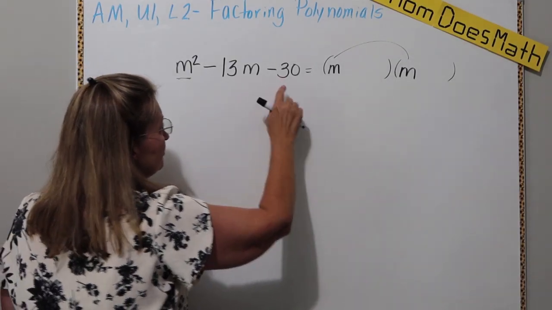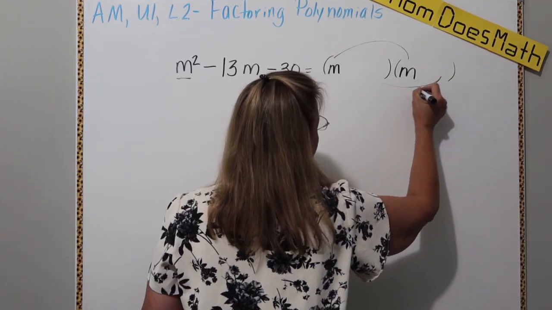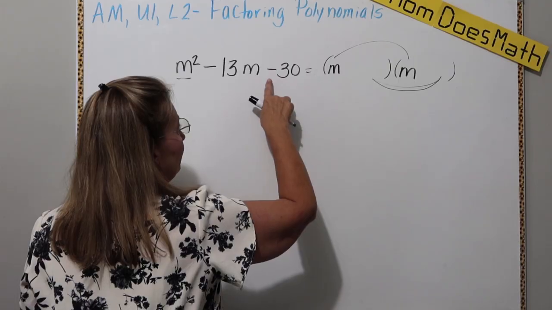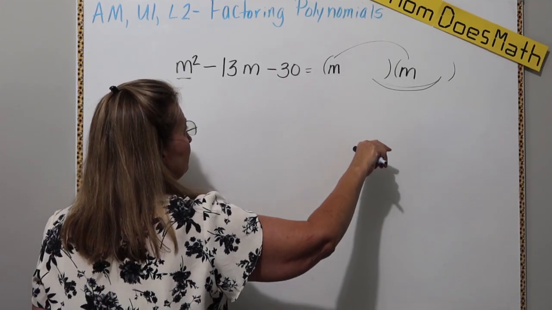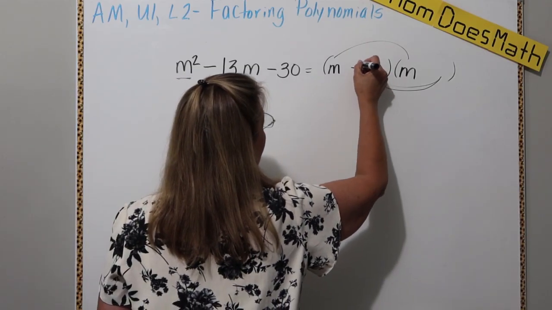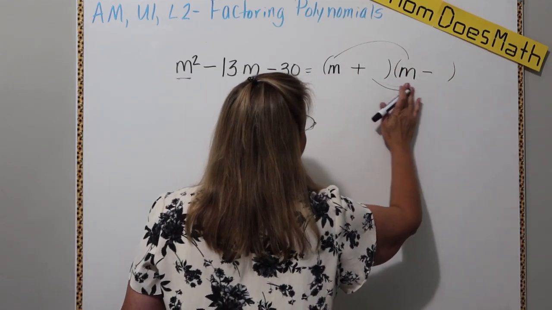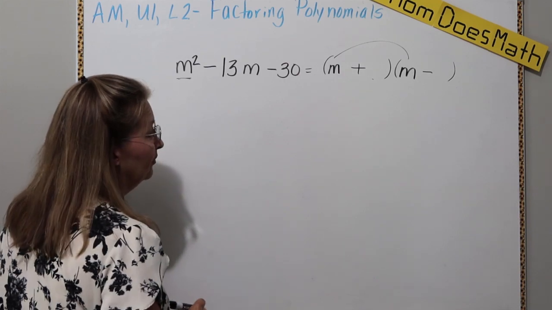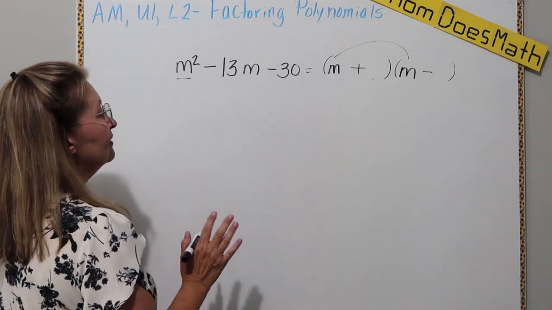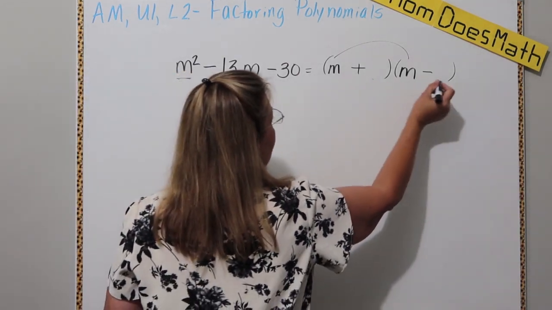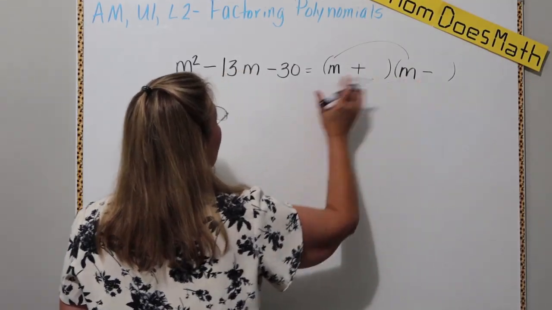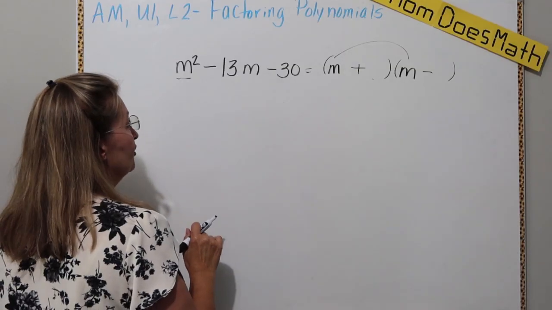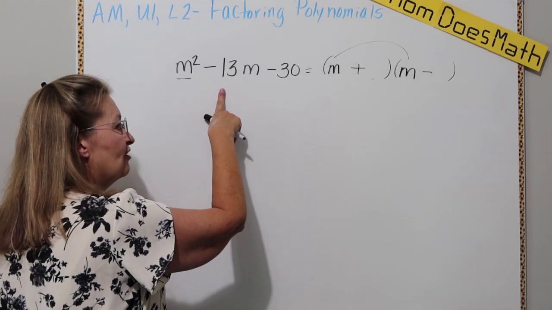If I got this number from multiplying these two together, and this is negative, what do I know about those two signs? Well, I must have one positive and one negative, because that's the only way to get a negative number. All right. Now, it gets a little bit tricky for these two numbers, because if you'll remember, they have to multiply to give us 30, but they have to add up to give us 13.